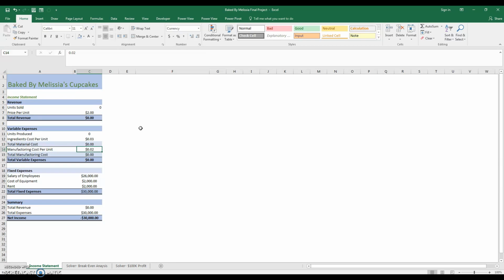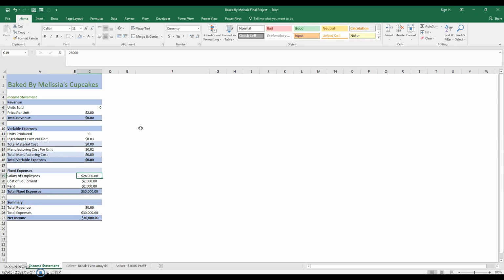Because we already have everything created for them, I only put 2 cents, because it doesn't take that much effort and time to mold the cupcakes into shape and put them out for sale. So right now, since we made 0 units, our total variable expenses is 0.